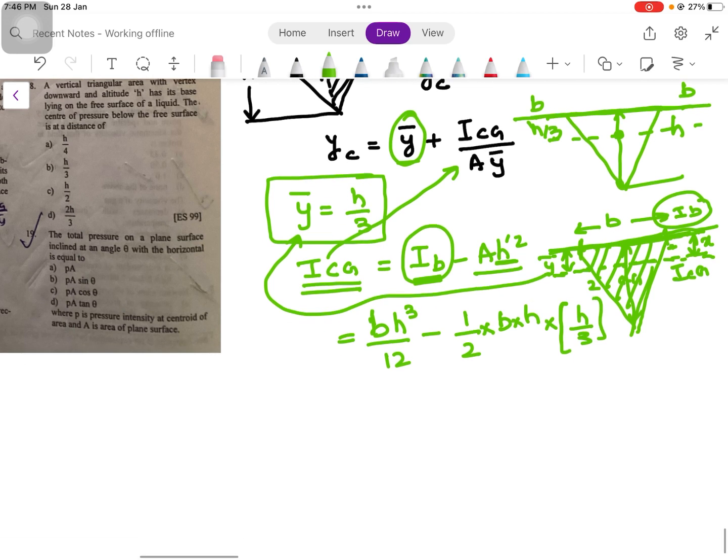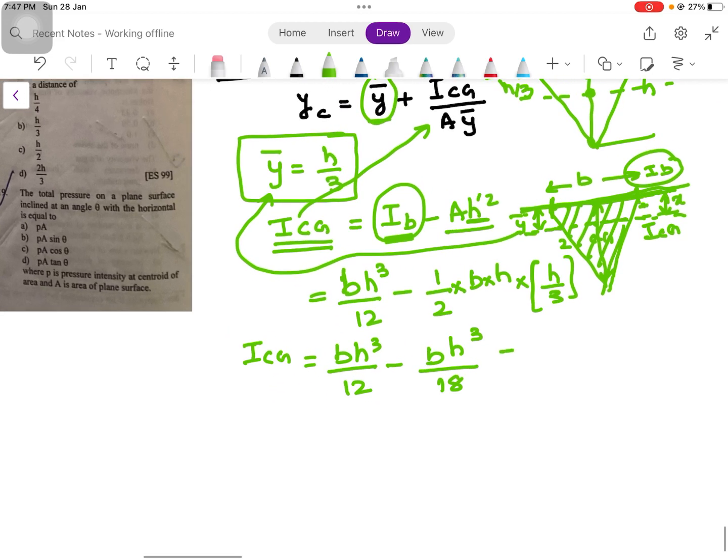All right, then we can further simplify this equation as bh cube upon 12 minus bh cube upon 18. All right, so this equals bh cube upon 6 times 1 by 2 minus 1 upon 3.